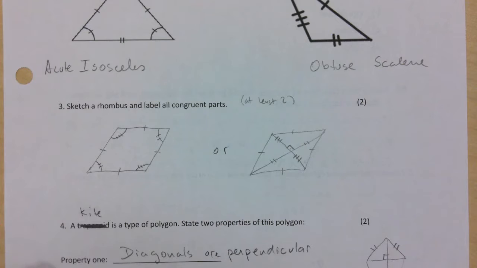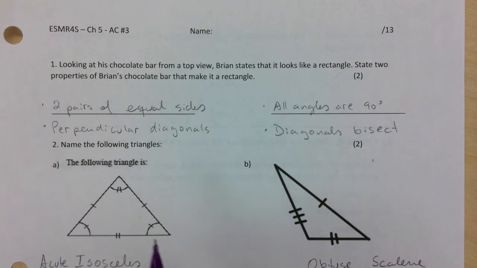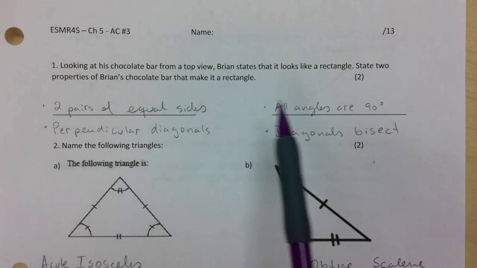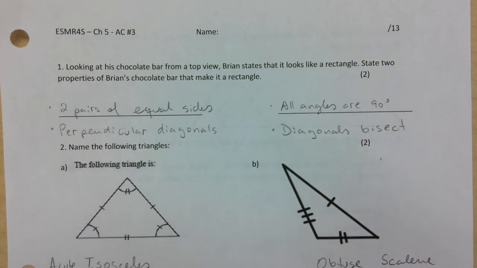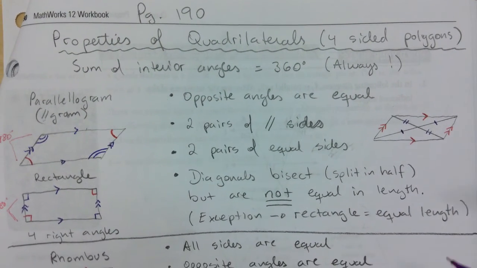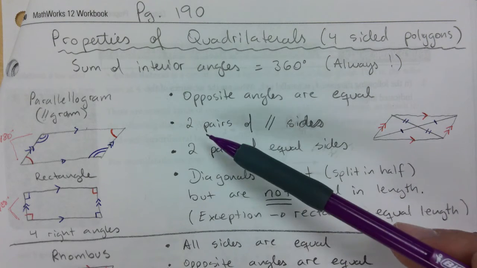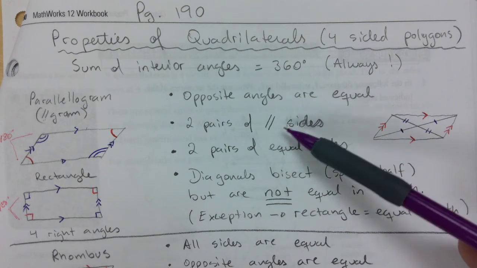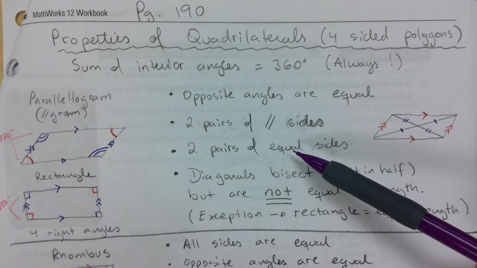I'm just going to go back one so you can see the 2 properties. I gave you 4 here, but this all goes back to page 190. So here it is again for those of you at home. You could have picked anything from here: 2 pairs of parallel sides, 2 pairs of equal sides. Parallel and equal is different.